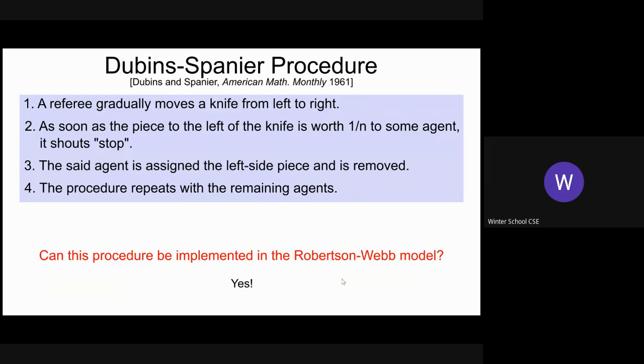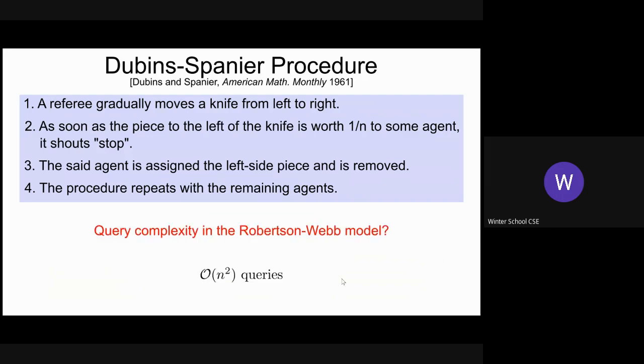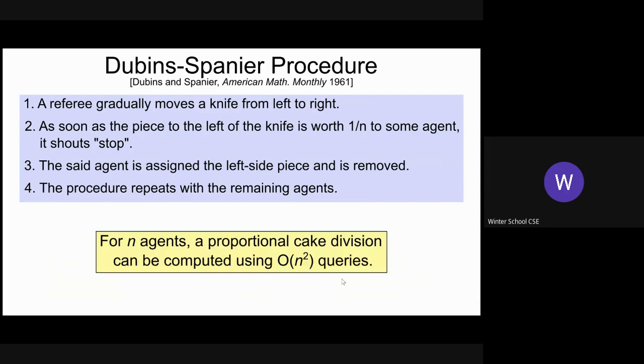You get n answers, you line them up, and you take the leftmost one, the smallest y, exactly. And then you have n minus 1 agents, again ask them for 1 over n, and lather, rinse, repeat. Okay, cool. So again, easy to observe that this takes a quadratic number of queries.